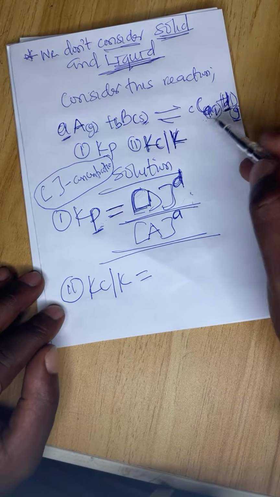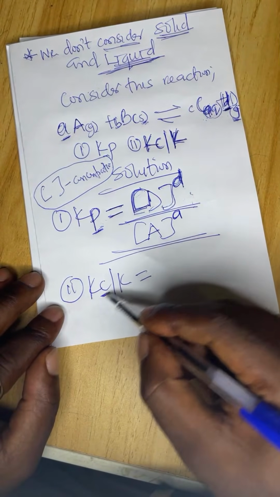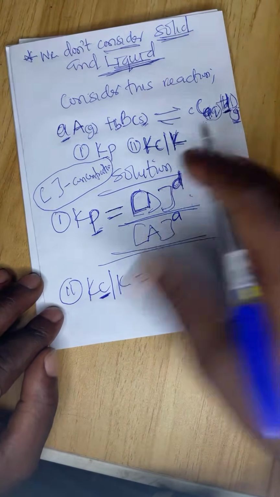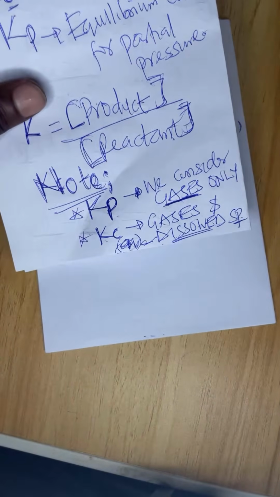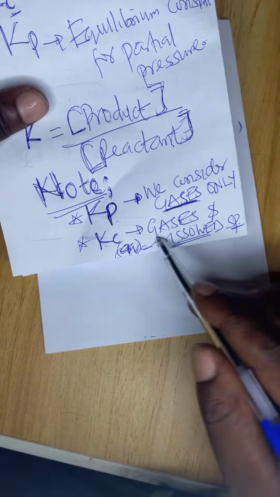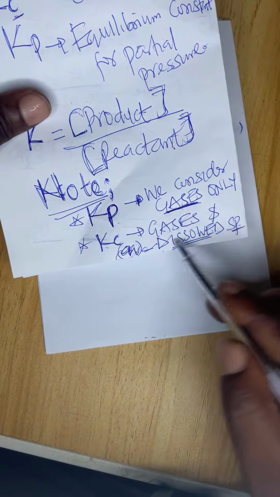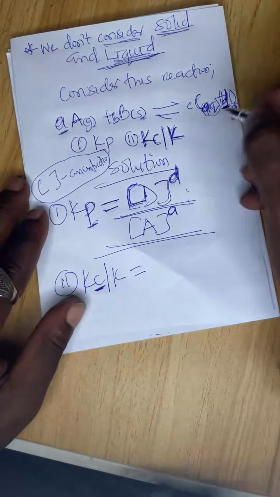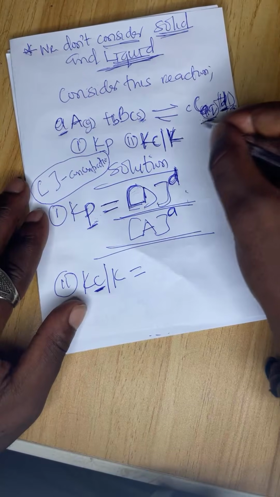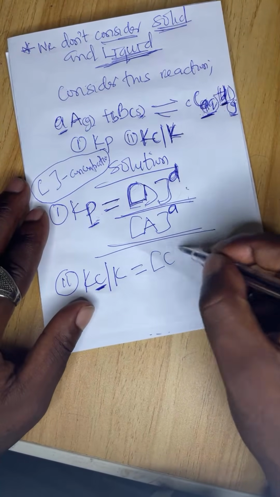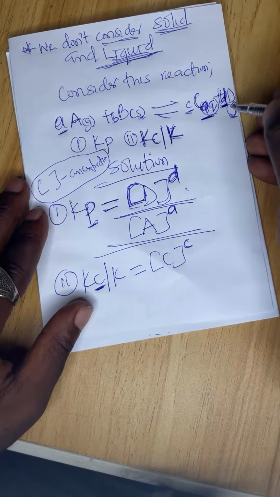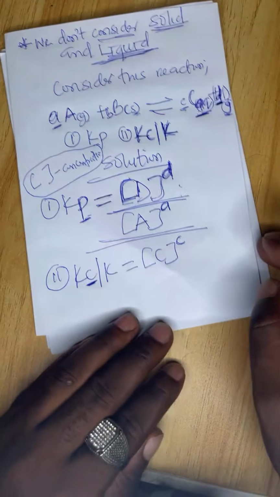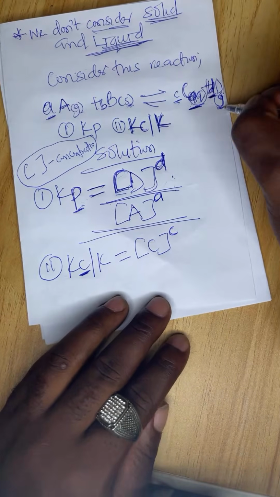I will write for C because this is the equilibrium constant for concentration. For concentration, we consider both gases and dissolved species, and C here is in aqueous, which is a dissolved species. So I will write for C. The coefficient here is c, I will raise to the power. Now, another very important question: will I write for D? Yes, because it is a gas.